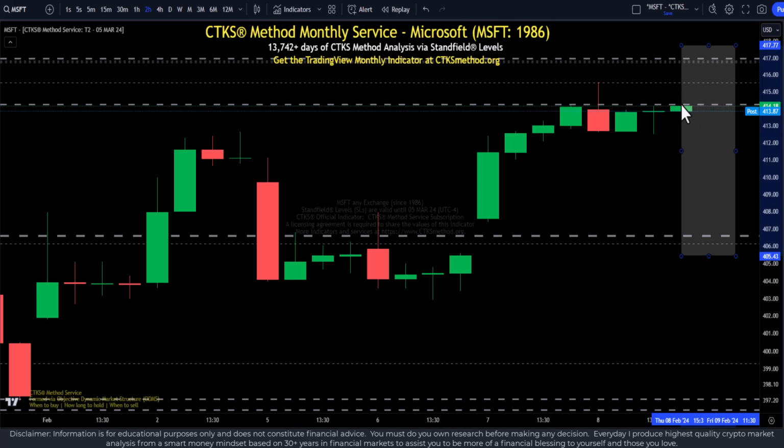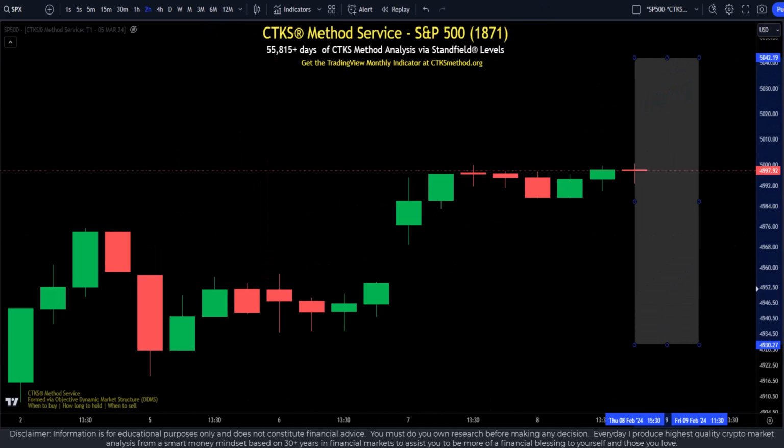For example, if the DXY, the US dollar currency index, rallies, expect a movement down to around this 406.50 level. If the US2Y and the US10Y rally, expect downward price momentum. But if the euro dollar is going up, junk bonds are going up, and the DXY is failing and going down, and the US2Y and the US10Y are going down, expect a movement up.